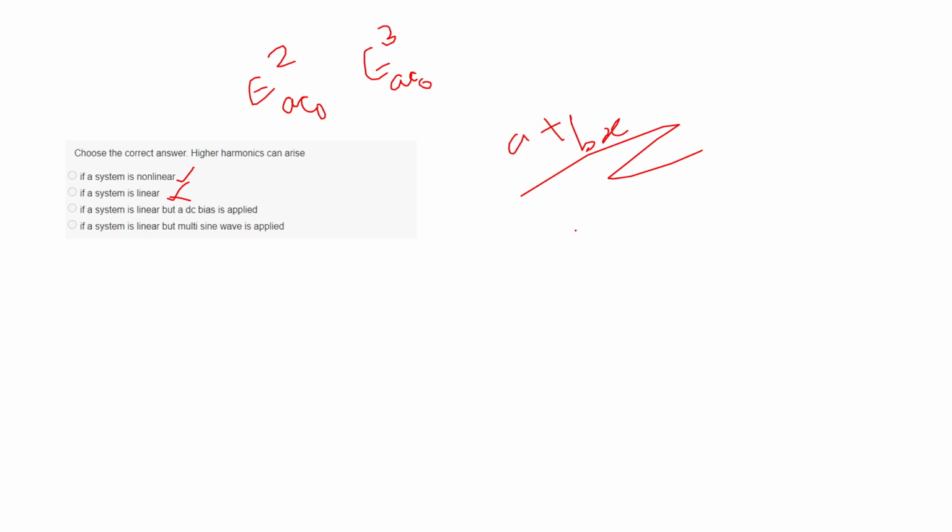But if the system is not linear, you will have Bx plus Bx square, Bx cube, many powers. So it is difficult to segregate the terms and say that if I give a sin x input, my output is cos x or something like that. It's difficult to say because you'll have two different powers of that input. That's the idea behind that.